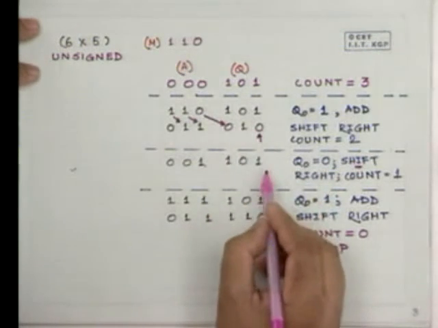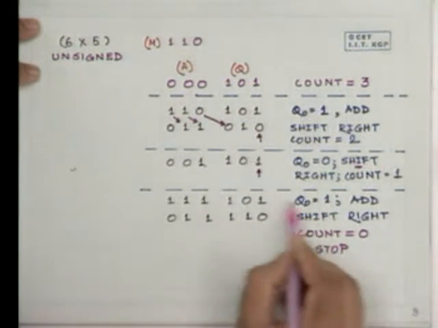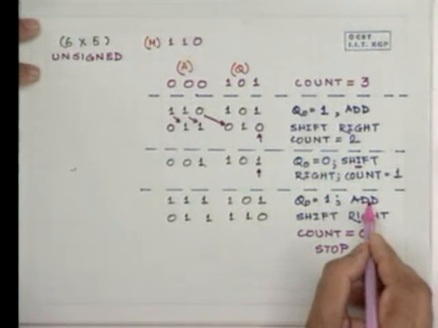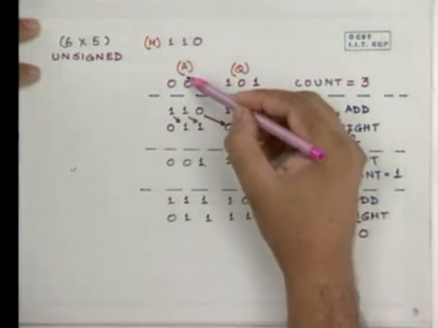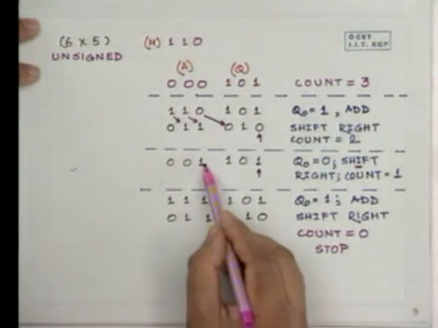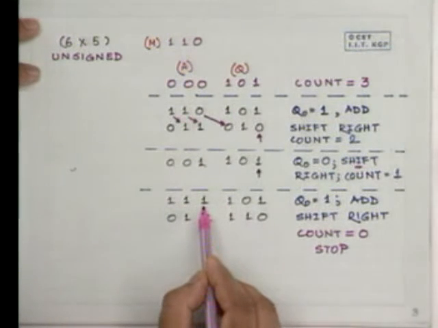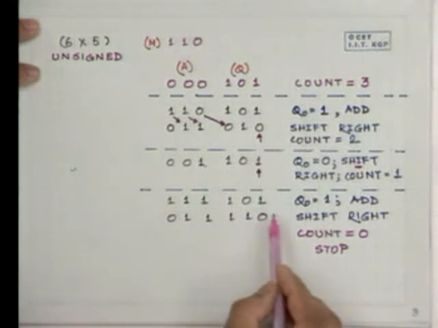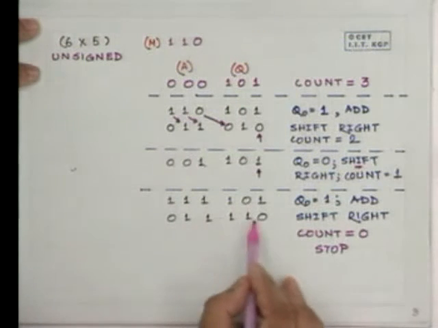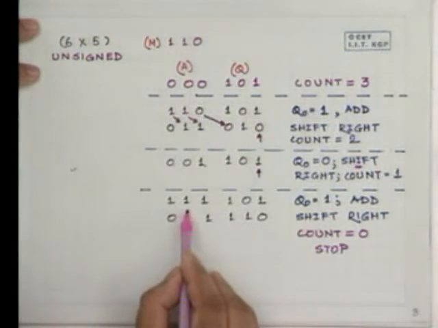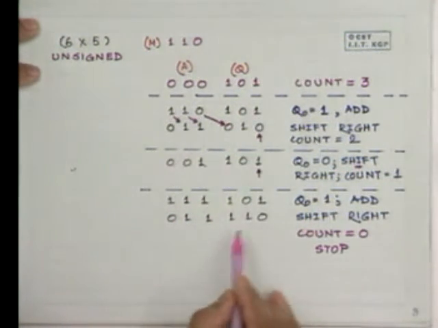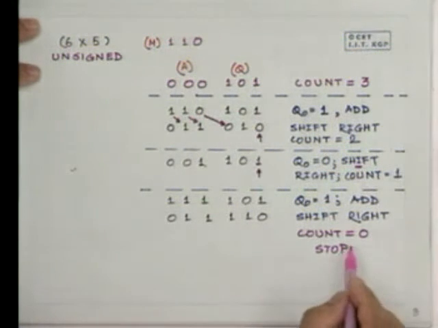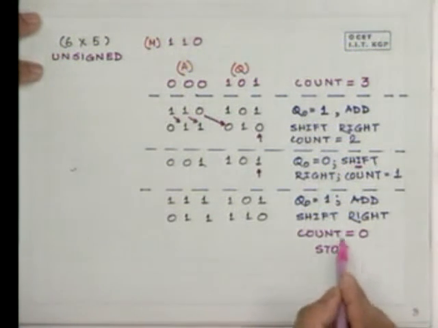Now we find once more that Q0 is equal to 1, and therefore addition is done. When we add 1 1 0 with 0 0 1, we get 1 1 1 here. And then we shift. That means we give a right shift. 1 comes here, 1 comes here, 1 comes here, and so on. Count turns out to be 0, and as soon as the count turns out to be 0, we stop.